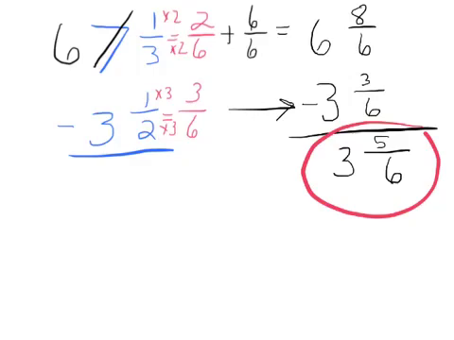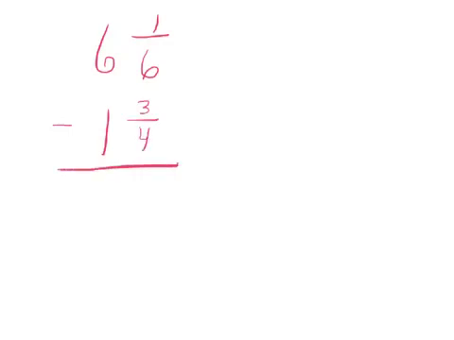Let's do one more example with different denominators. Let's look at 6 and 1 sixth, take away 1 and 3 fourths. So first thing I have to do, I look at my denominators. They're different, so I have to find a common denominator.